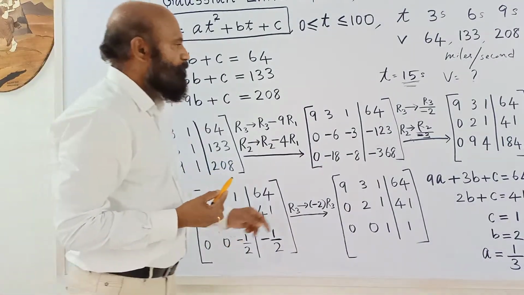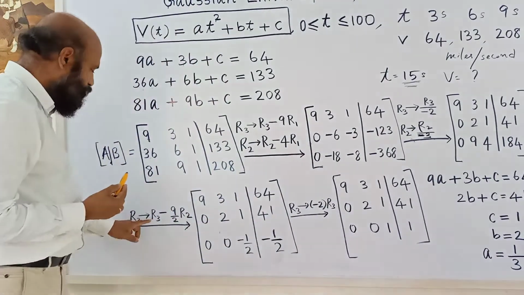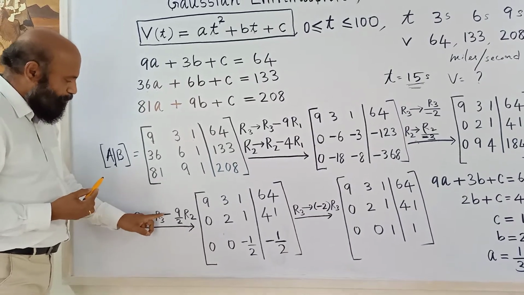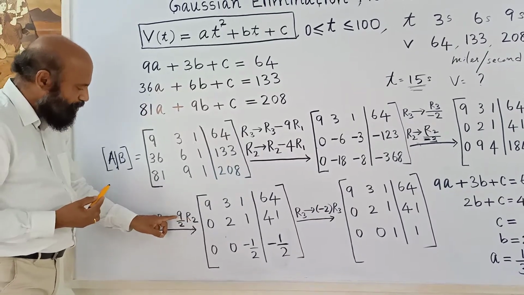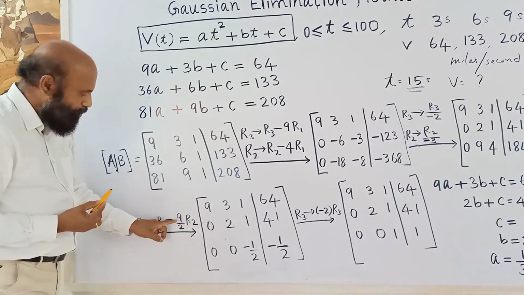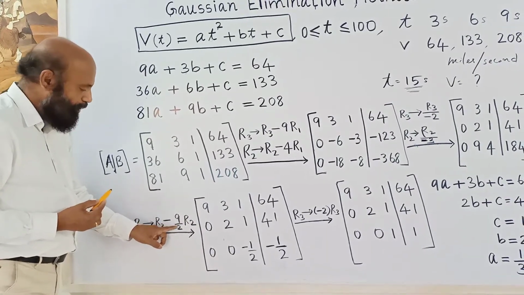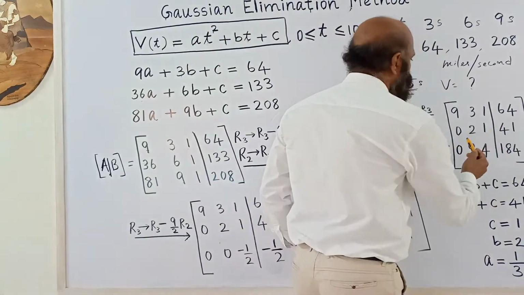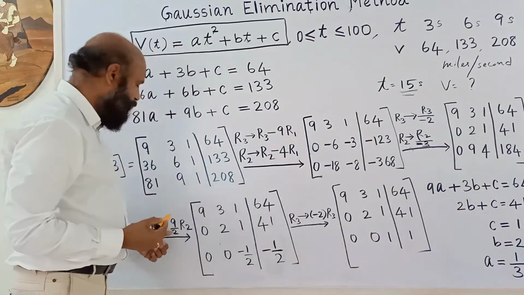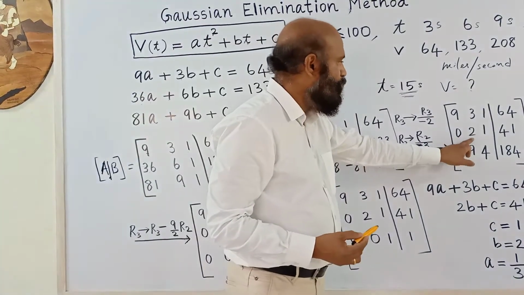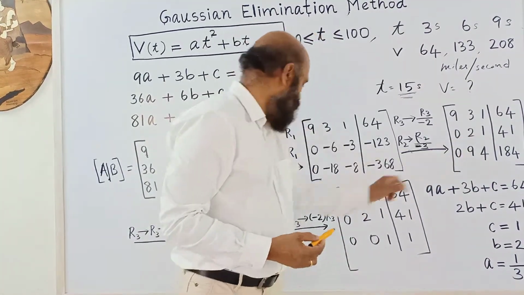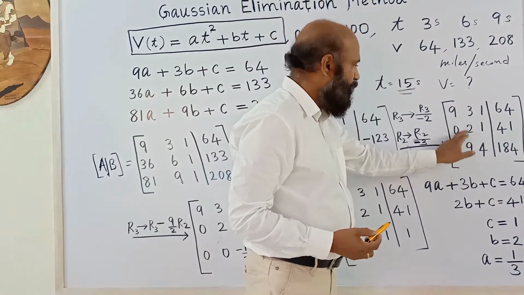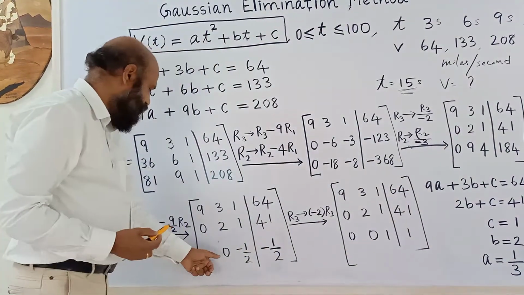Then the elementary transformation needed is R3 is obtained by subtracting the second row after multiplying by 9 by 2. The elements of this row you multiply by 9 by 2 and subtract from this. If this is multiplied by 9 by 2, the 2 will get cancelled, and this 9 minus 9 will be 0.